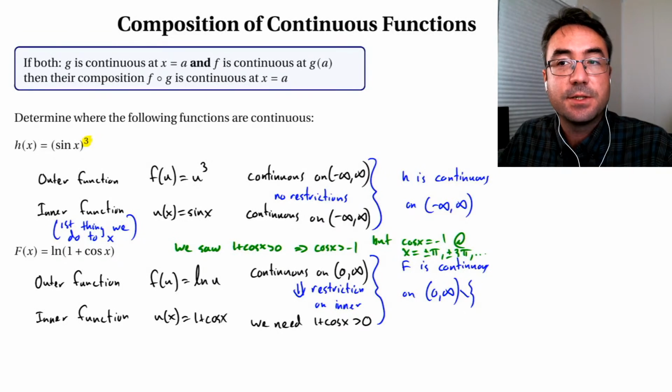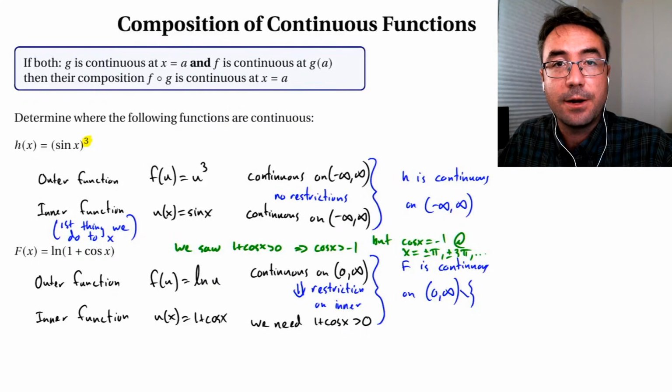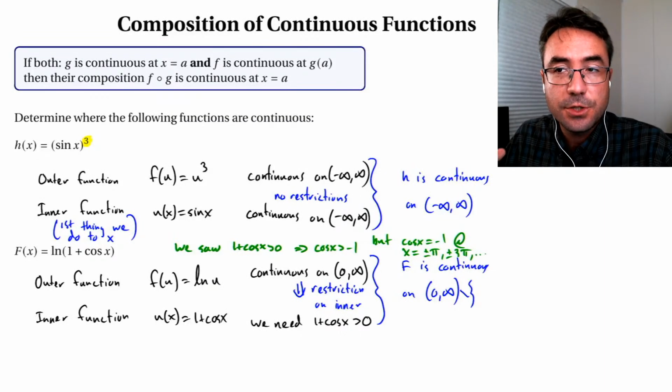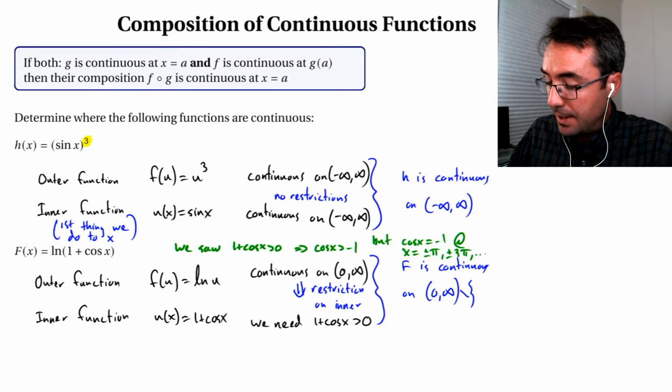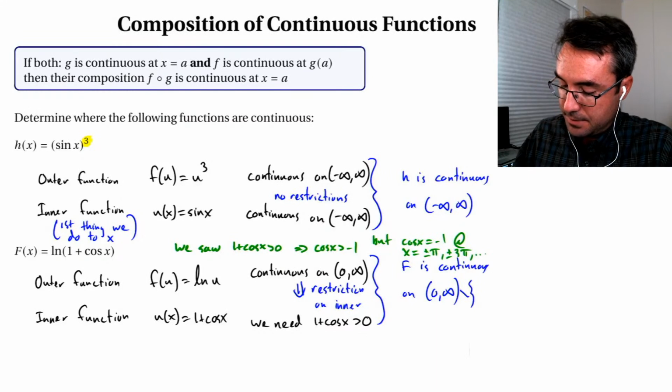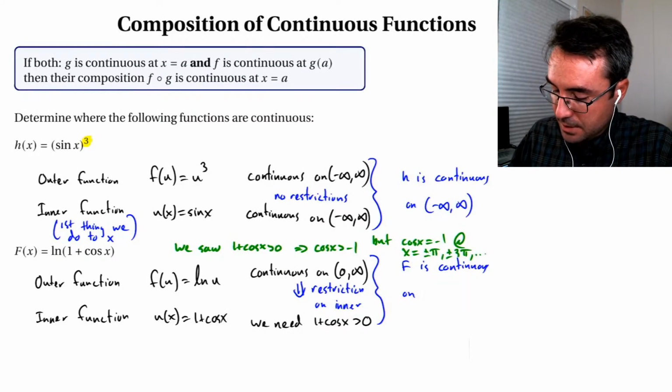But there are some places where it is equal to -1, or where it is equal to 0. And those are the places where we have some issues. So at x equals plus or minus pi, at x equals plus or minus 3 pi, and so on. So those are the x values that we need to throw out.